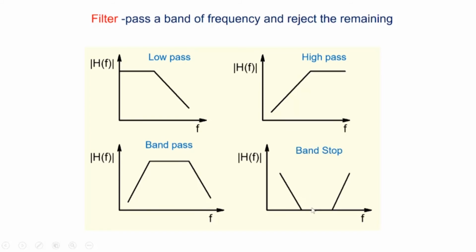And this one is rejecting a band of frequencies, stopping it. We call it a band stop filter. Higher frequencies pass through, lower frequencies also pass through, but there's a band here which it is rejecting. So we call this a band stop. These are 4 broad classes of filters, and each one of them has a lot of uses in different applications, and some of them we may see later on.